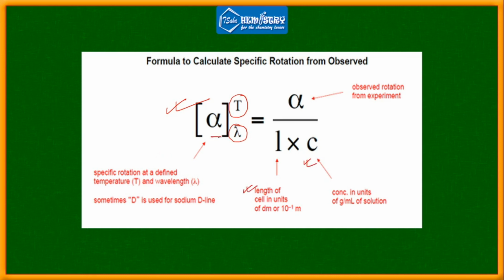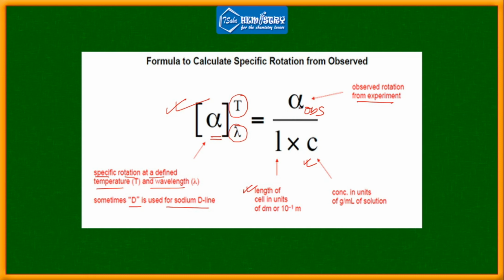And this alpha within the third bracket portion is basically known as specific rotation at defined temperature and wavelength. Sometimes D is used for the sodium D line, and in this case sometimes we use the practical term alpha observation. So the observed rotation from the experiment, that's why sometimes it is written like alpha observation.